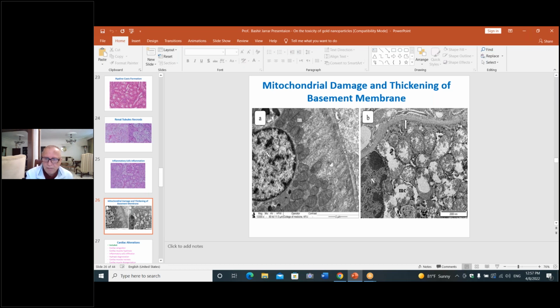Here it's clear from this part and what we saw in the liver, that the target for gold nanoparticles inside the cell is the mitochondria in both the liver and the kidney. So the mitochondria is the target for these nanomaterials.